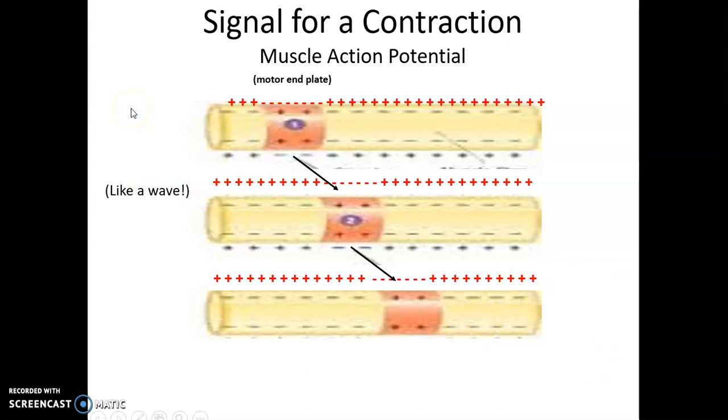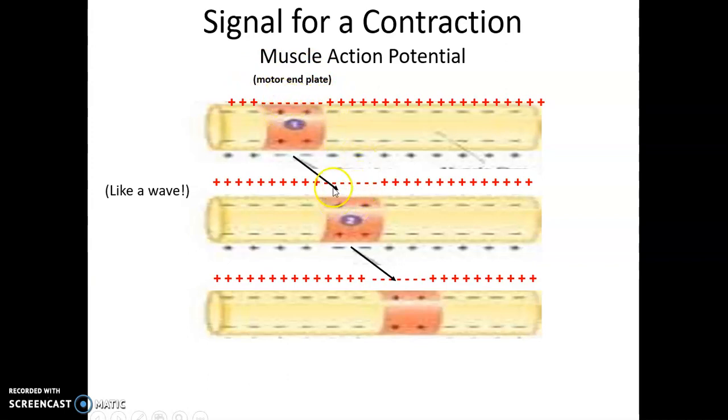So it's sort of like the wave at a stadium. The cheerleaders start at one side of the stadium, and as they're running across, people stand up and then sit back down. And then that wave moves along the length of the stadium. So it's a similar idea here. The motor end plate has a change in charge from all the sodium ions entering.